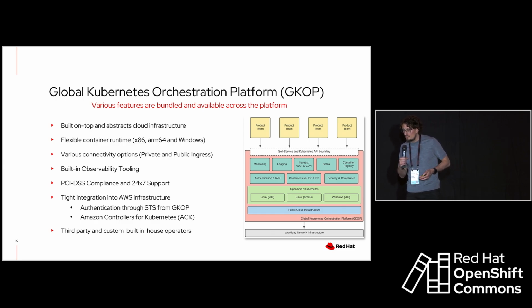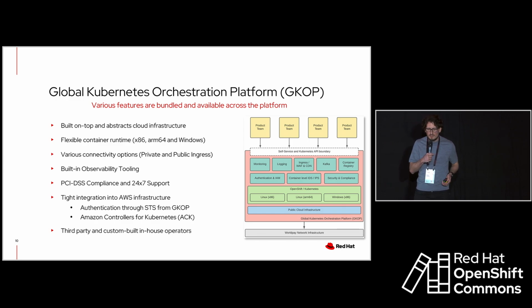It also offers observability tooling for end-to-end visibility, and provides PCI DSS compliance through tools and integrations like IPS and IDS, and 24/7 support through those guys who are here with us. Apart from that, we have a tight integration with AWS infrastructure, so authentication through STS.